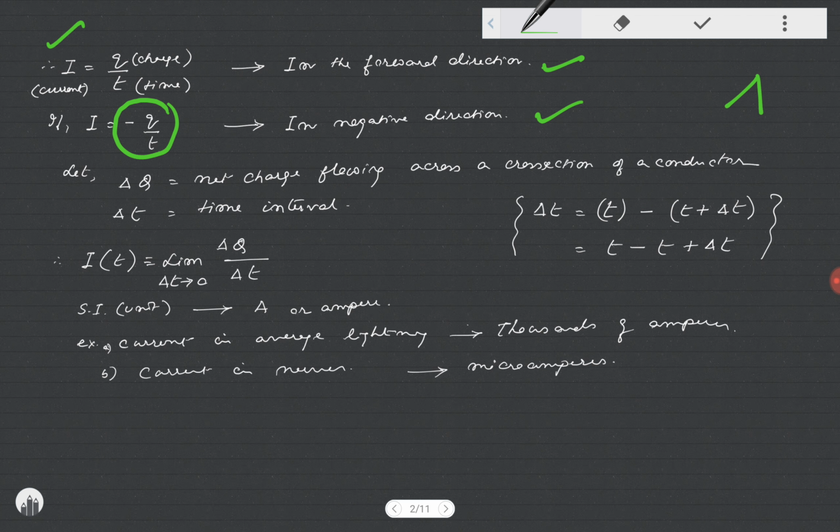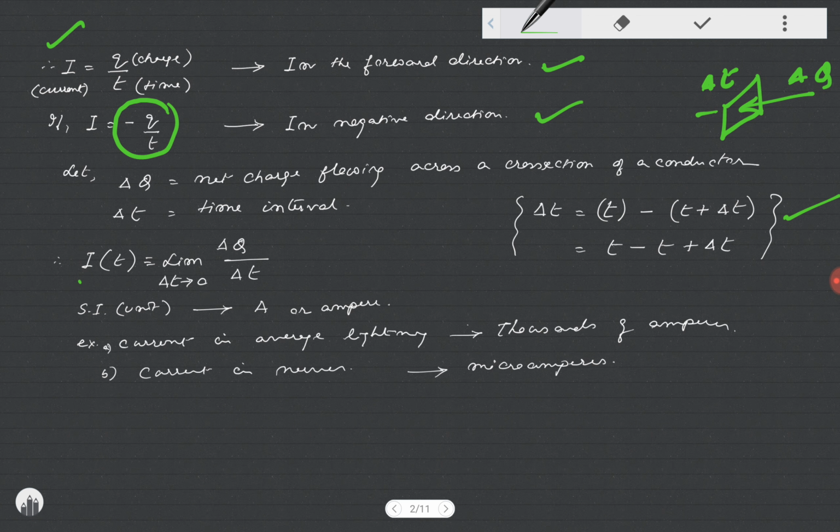If this is the cross section, this is the conductor, and delta q is the net charge flowing through it, and the time taken for this moving from this side to this side is delta t, then the current for time t is given by the limit delta t tends to 0 of delta q by delta t. Here delta t is the time from t to t plus delta t.